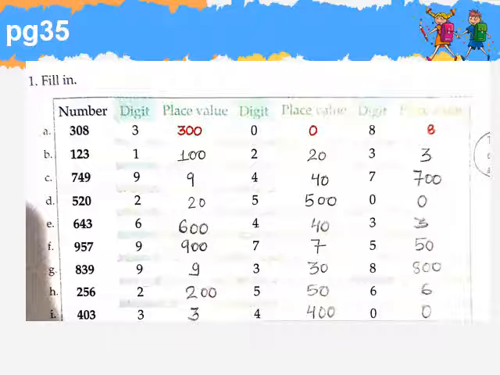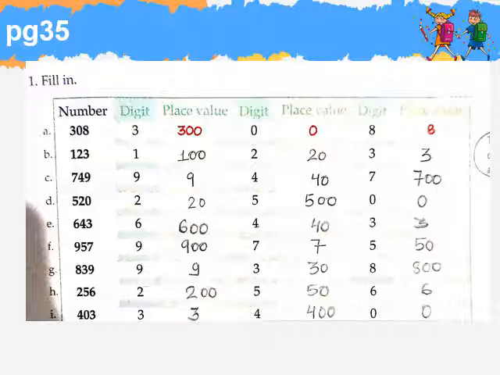In 839, 3 is at tens place. So its place value is 30. Now the next digit is 8. In 839, 8 is at hundreds place. So its place value is 800.